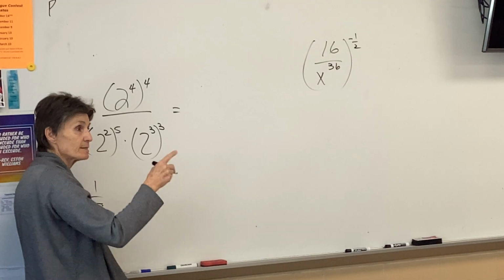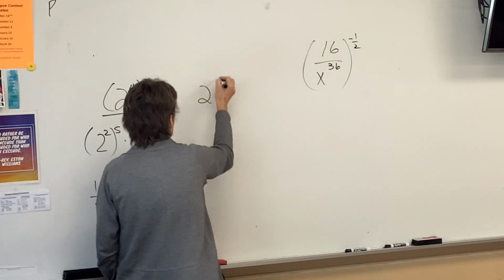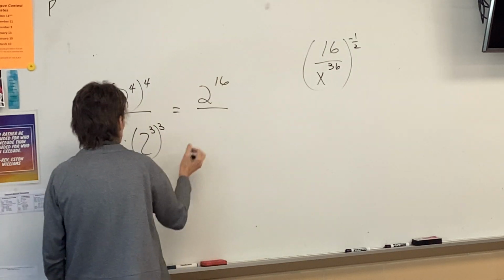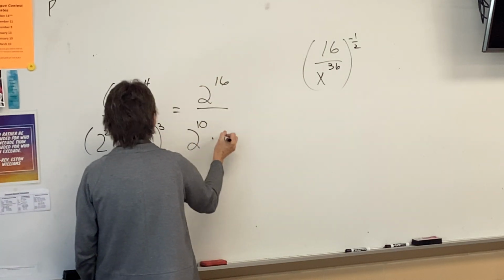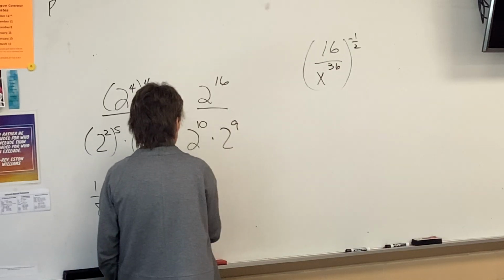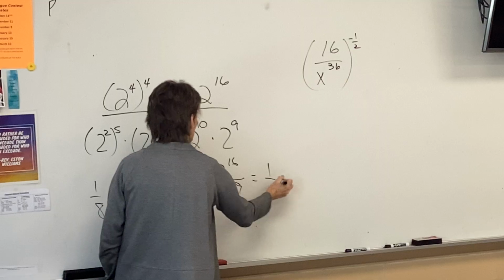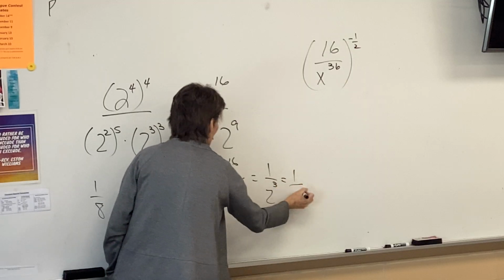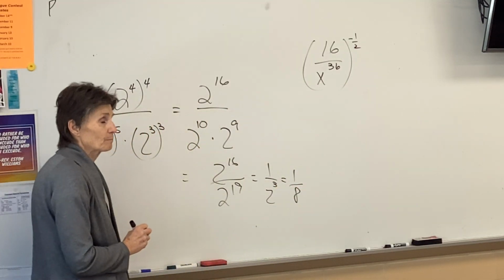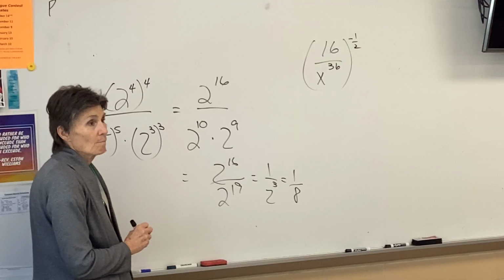Let's see, 2 to the 16 over 2 to the 10 times 2 to the 9, so 2 to the 16 over 2 to the 19. Yep, you're exactly right. 1/8. Good job.